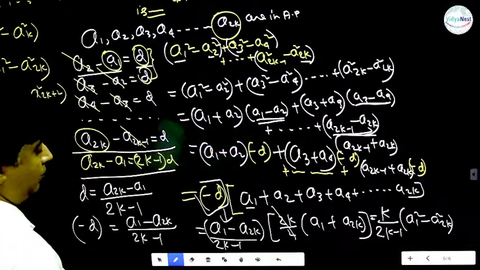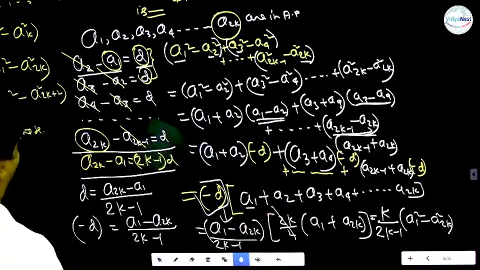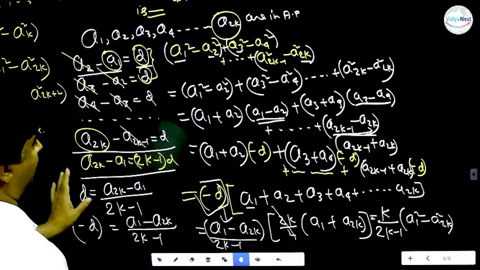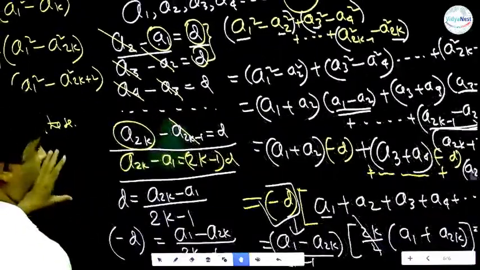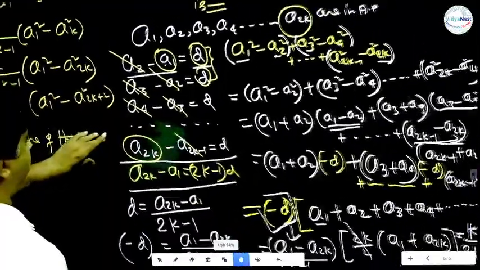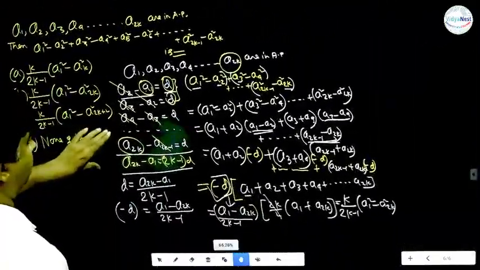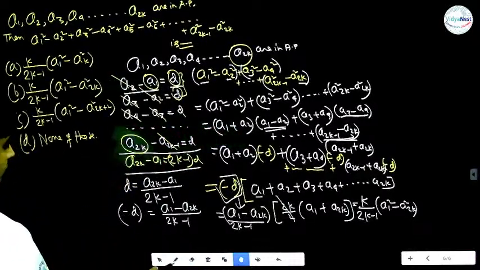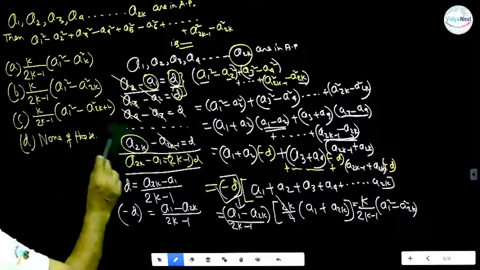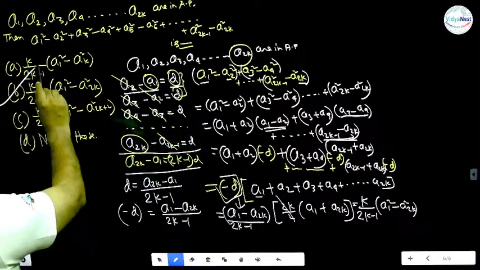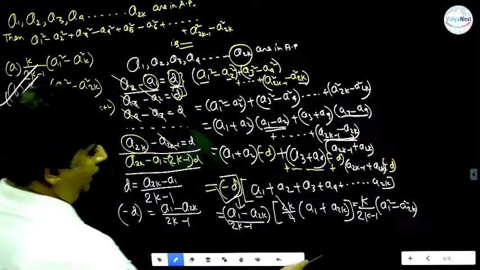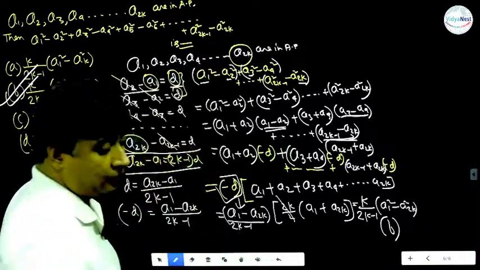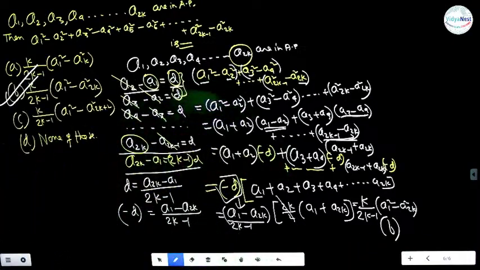Now you just match the derived answer with the given option. With any option is it matching? Yes, it is matching with B. Option B. Yes, sir.